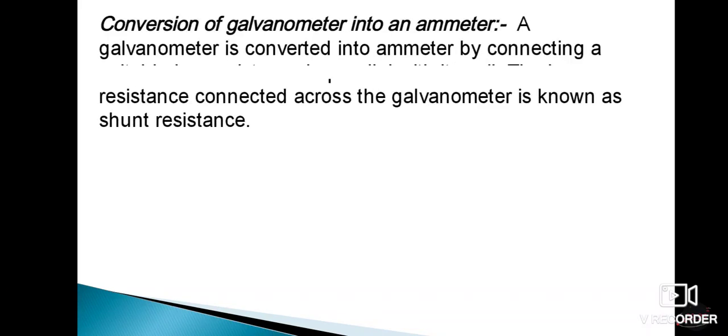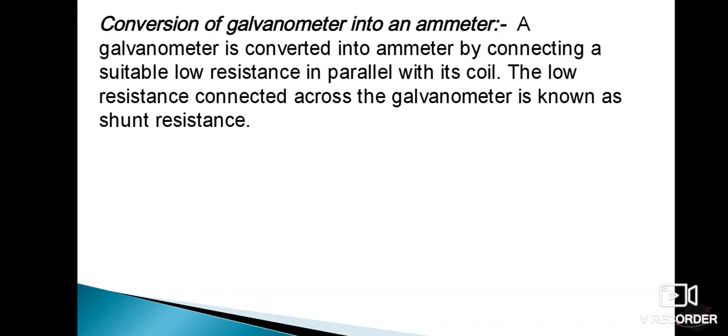Then we will discuss one more important concept in this chapter, that is conversion of a galvanometer into an ammeter. How are we going to convert the galvanometer into an ammeter? A galvanometer is converted into an ammeter by connecting a suitable low resistance in parallel to the coil, or in parallel to the galvanometer.